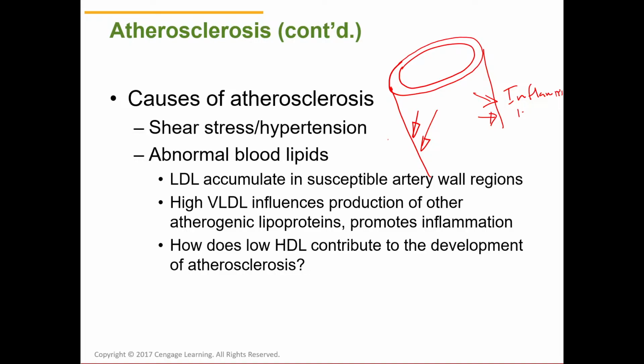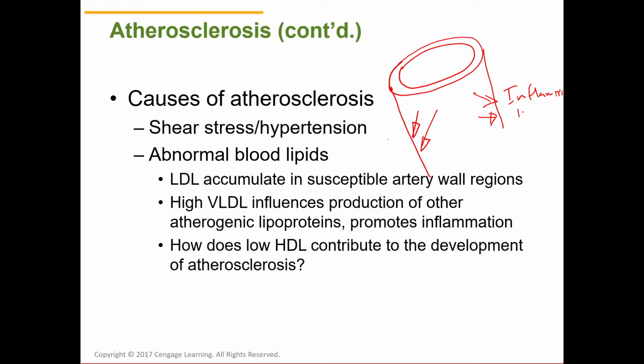Atherogenic lipoproteins. These are proteins that are connected to your lipids. And these particular proteins cause atherosclerosis. Atherogenic lipoproteins are lipoproteins with the ability of producing atherosclerosis.